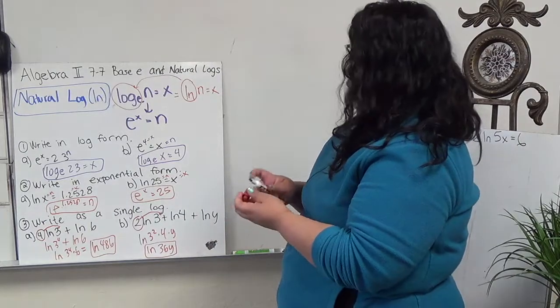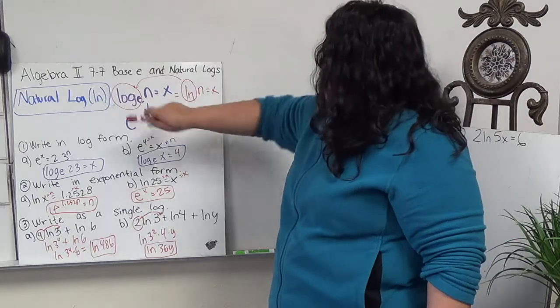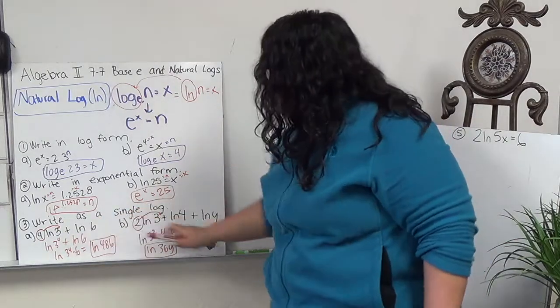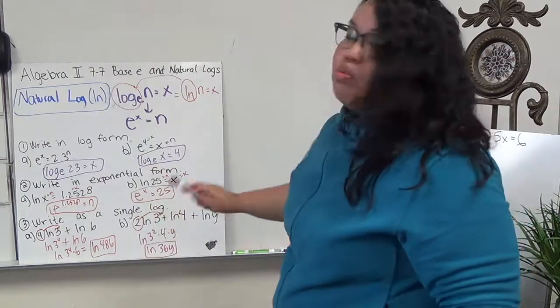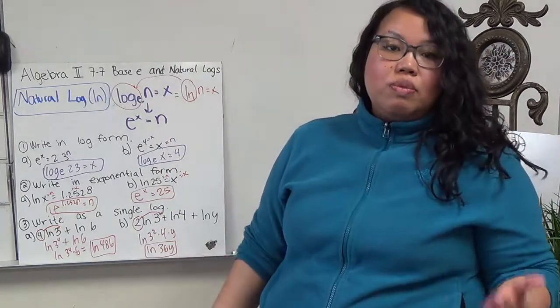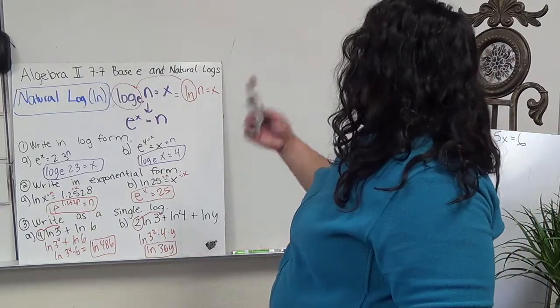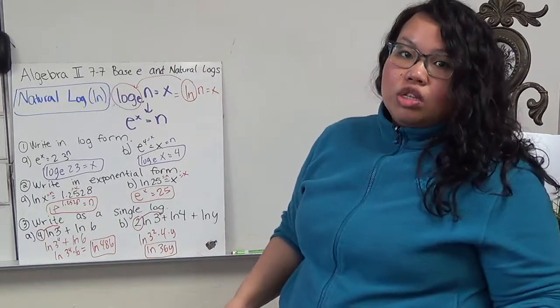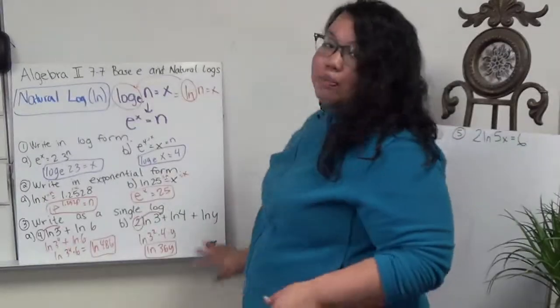The natural logs are logs base e, so it would make sense that these logs would follow the same rules as logs that you've learned. So nothing really new. It's just that instead of common log or regular logs of different bases, we're doing log of base e. Let's go ahead and pause and write this down.